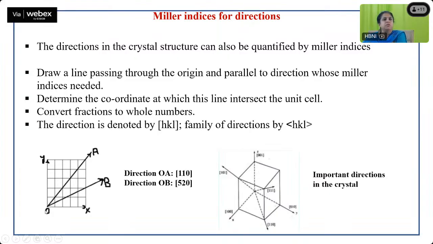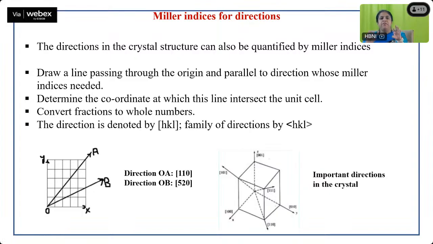Now what you do is you simply find the intercept it makes on the x, y, and z axis. So let's say here, obviously this is a 2D thing, so z is 0 and it is making an intercept of 1 and 1. So now you don't really have to take any reciprocal, just that if it is a fraction, make it a whole number. So direction OA is 1, 1, 0.